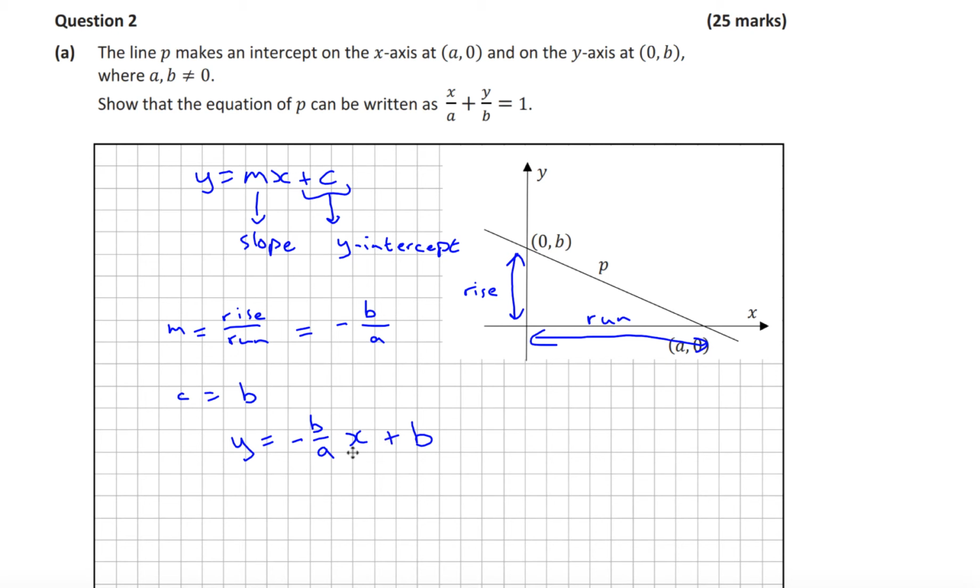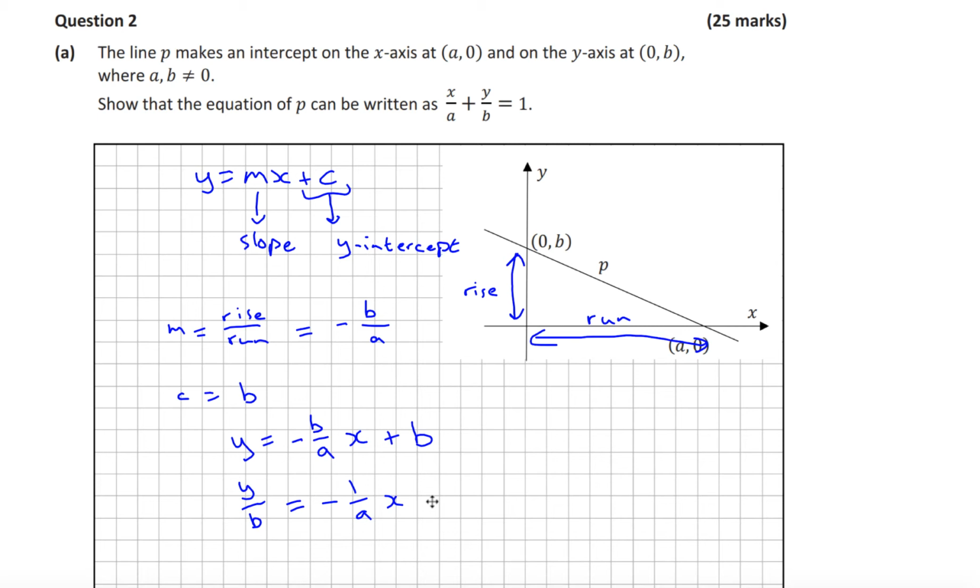So this is the equation of a line, but we need to show it written in this form. If I look at the first part of this, I have y, but up here I have y over b. So I'm going to divide across by b. If I divide y by b, I get y over b. If I divide minus b over a x by b, I'll get minus 1 over a x.